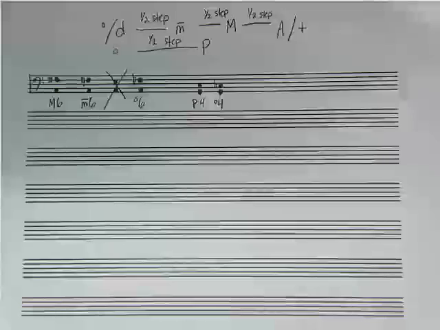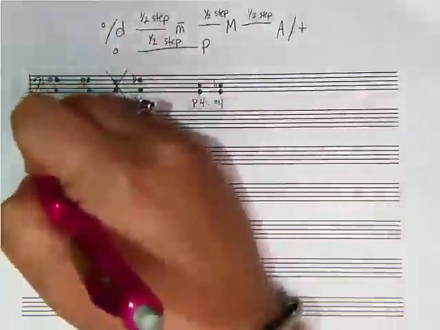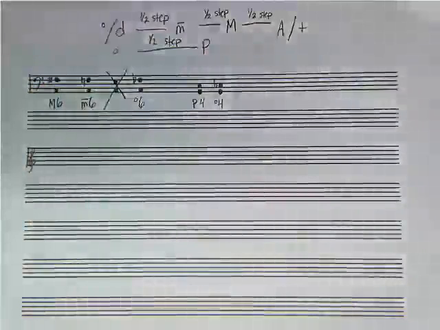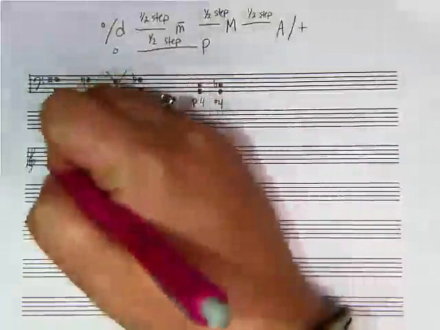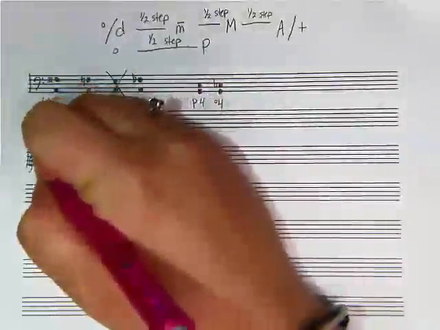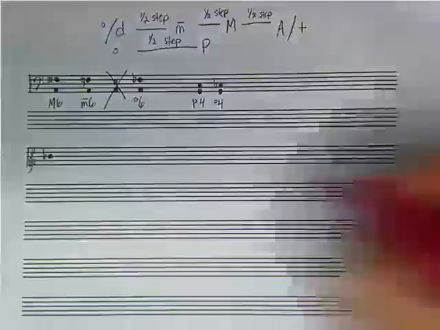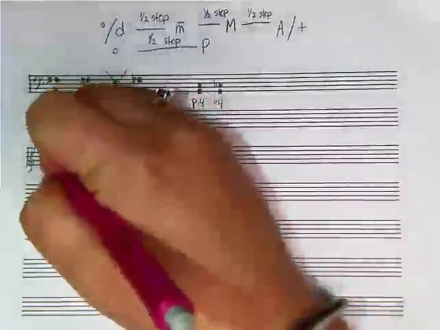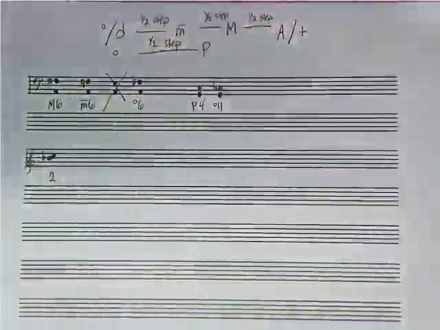So let's do treble clef for a second. Let's say I want to write an augmented second above B flat. Well, I know that a second is some kind of C. I'm going to start with a major second.